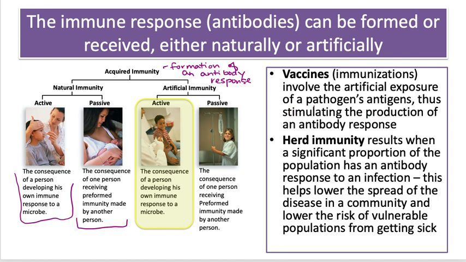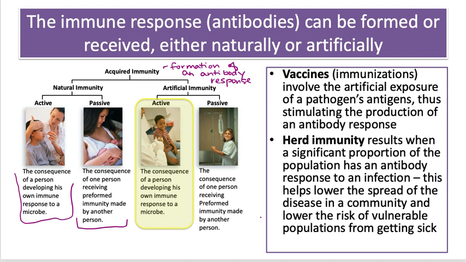You're just receiving an inactivated pathogen or a part of the pathogen, its antigens, for example. And so a vaccine will mimic the infection, stimulate the appropriate antibody response. So that way you'll have the antibodies in case you ever come down with the real infection.